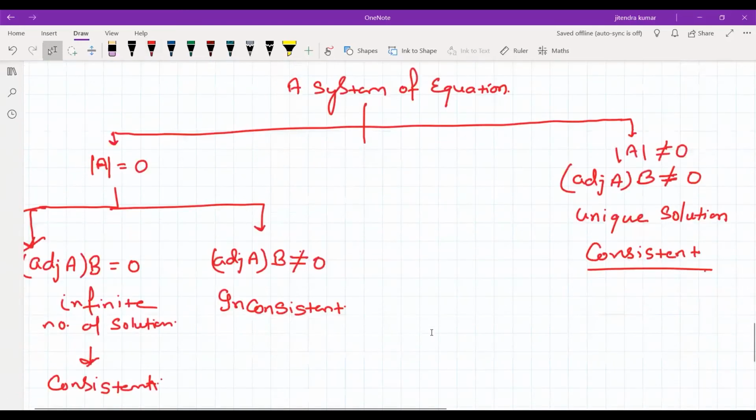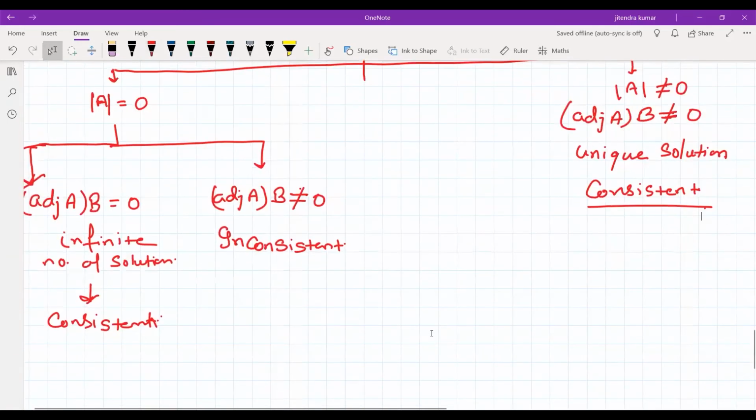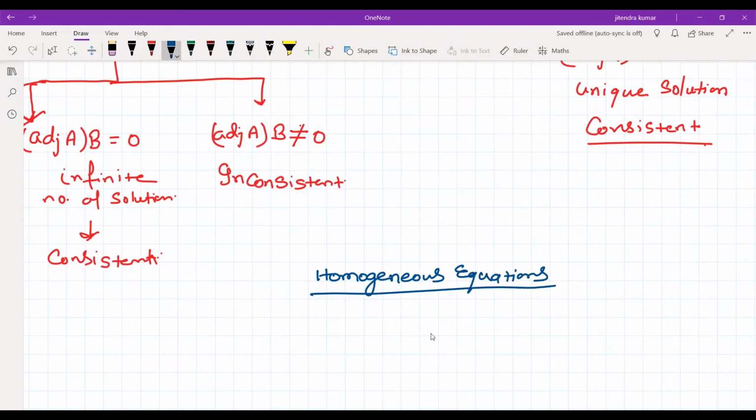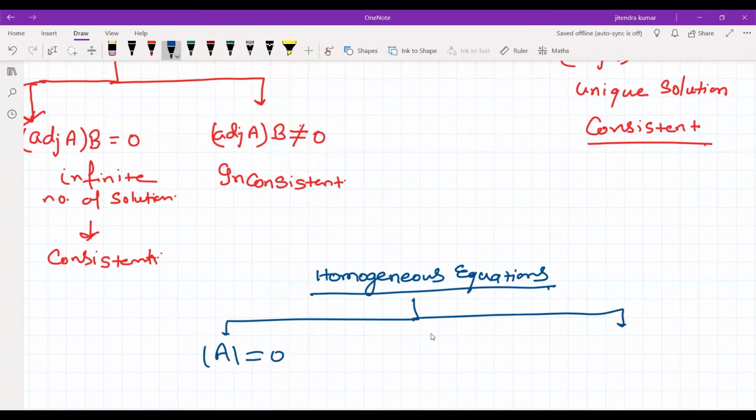Now, if the given system of equations is homogeneous, in case of homogeneous equations, again we will have two possibilities: either determinant of A is equal to 0, or it is not equal to 0.